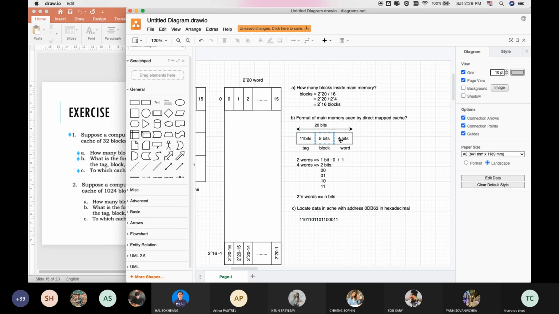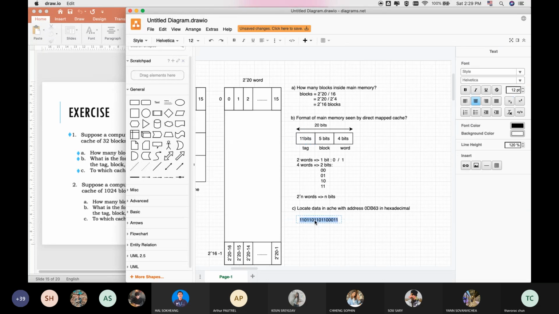But remember that the memory address has 20 bits, right? So make sure that this binary has 20 bits as well. Let me split it a bit to make it easy to understand: 4, and here another 4, another 4, and another 4. So how many bits do we have?